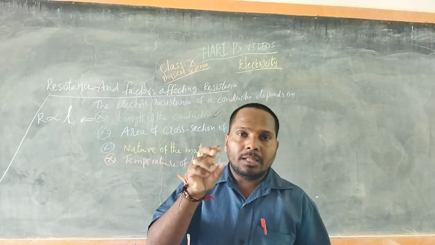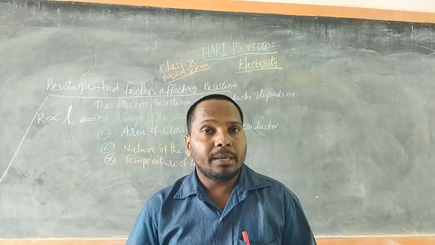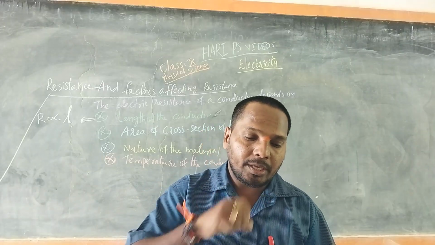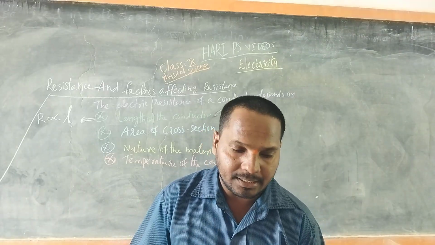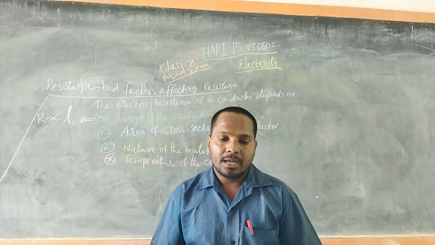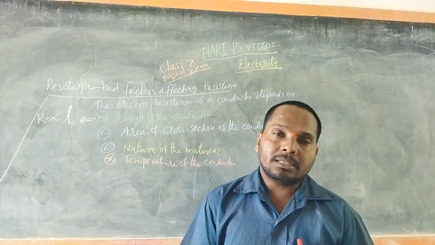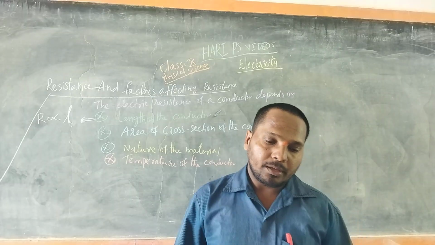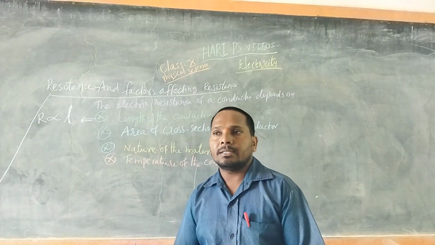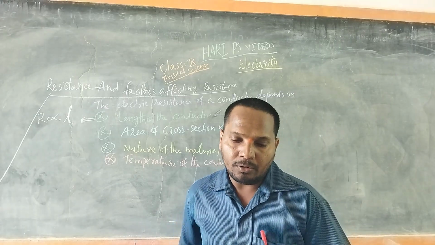So when we double the length of a wire, this can be considered equivalent to two resistances joined in series, and their resultant resistance is the sum of the two, double the original value.